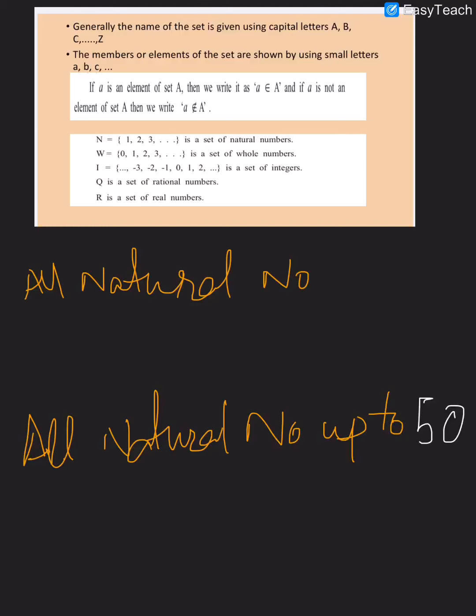So the capital letters represent the name of the set, and the small letters represent the elements inside the set. And if small a is an element of set A, then we write it as a belongs to the set capital A, using this symbol. You can see it as this.